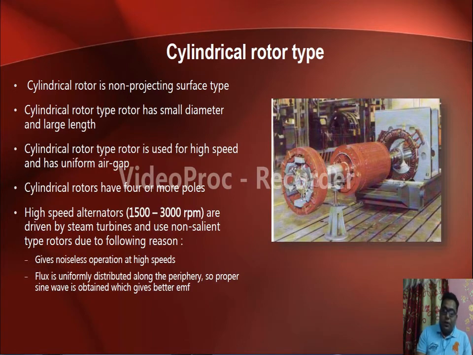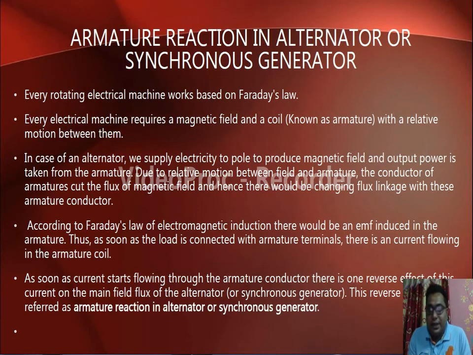Okay, so now coming to the next part, armature reaction. Basically, armature reaction we have done in a DC machine. There we have seen the demagnetizing effect, cross magnetizing effect. In one line, armature reaction is this: flux is generated in the field winding. That flux is cut by the armature, and now in the armature EMF is induced.